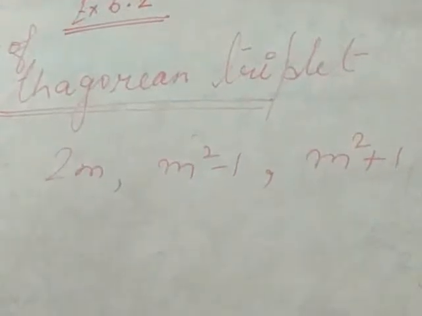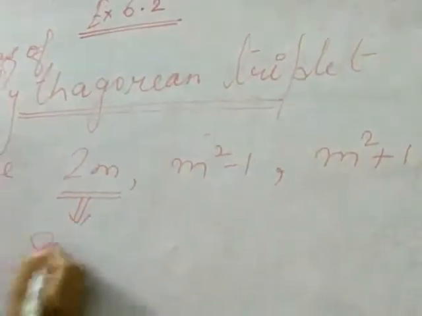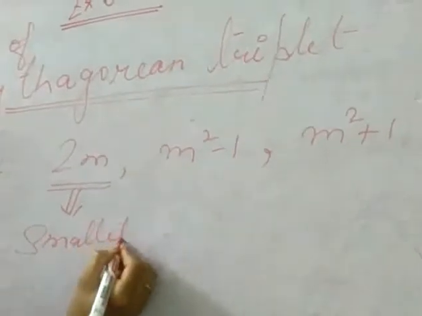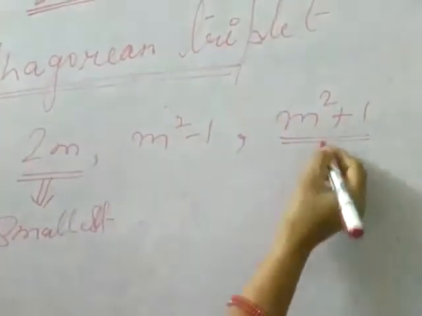Now see, this one is 2m, the smallest member, and this one is the largest out of these three.